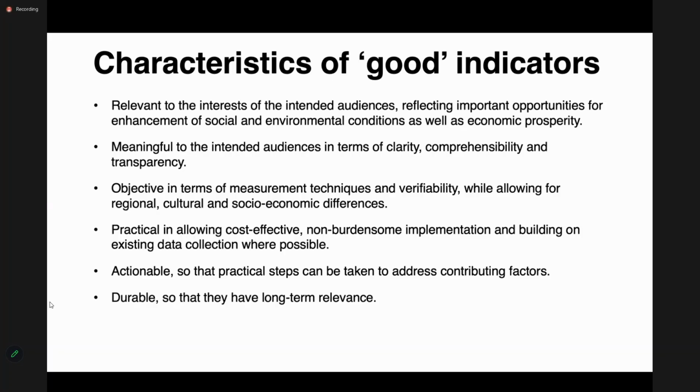They are clear, comprehensible, and transparent, so they become actually meaningful. They can actually mean something for the intended audience. They are usually also objective in terms of measurement techniques and verifiability. That means usually you would be able to quantify and objectively measure these things.